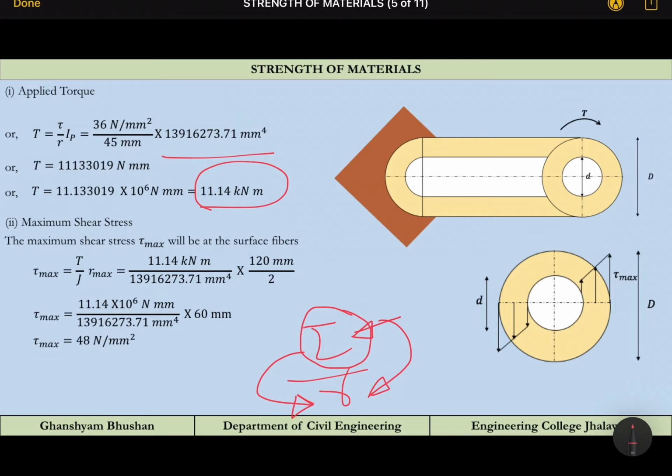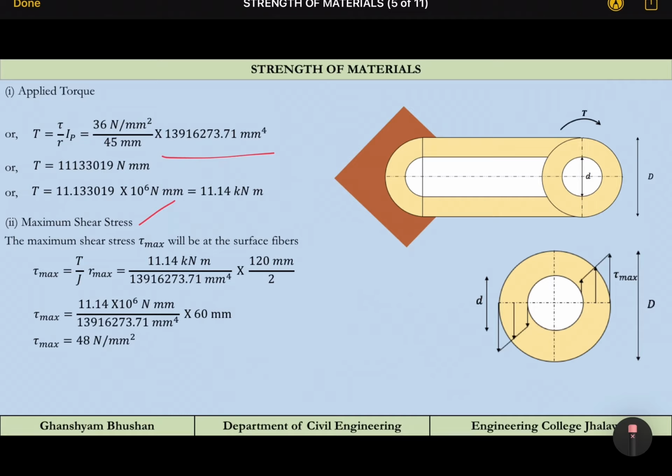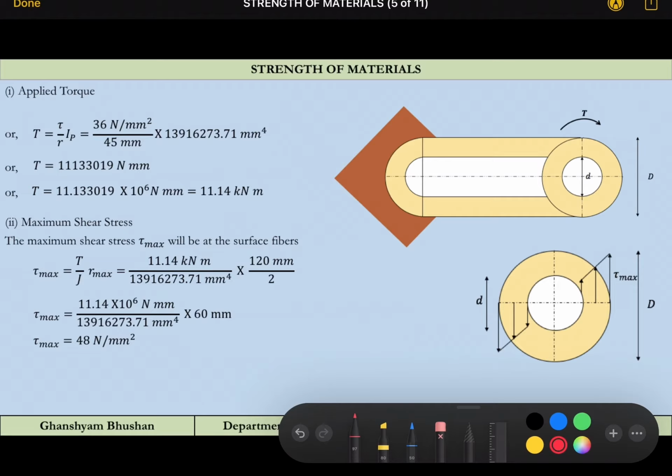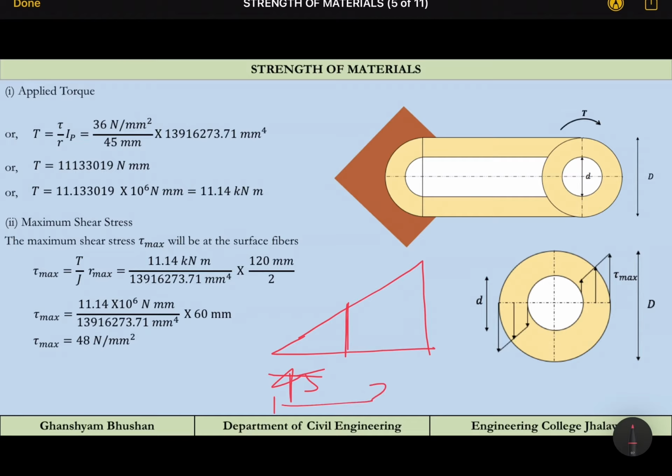Now in the second part, what is being asked? Maximum shear stress. Tau max corresponds to R equal to 120/2, that is 60 mm. One more trick is there: you can solve this by similar triangles. In the similar triangle, this is 45, this is 36, this is 60, and this is being asked.